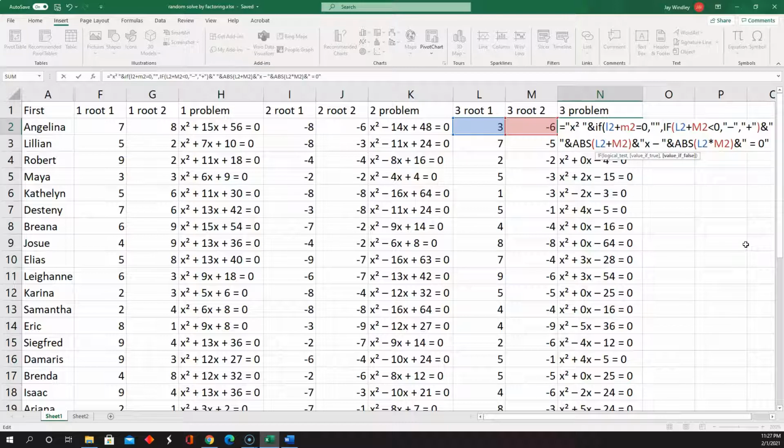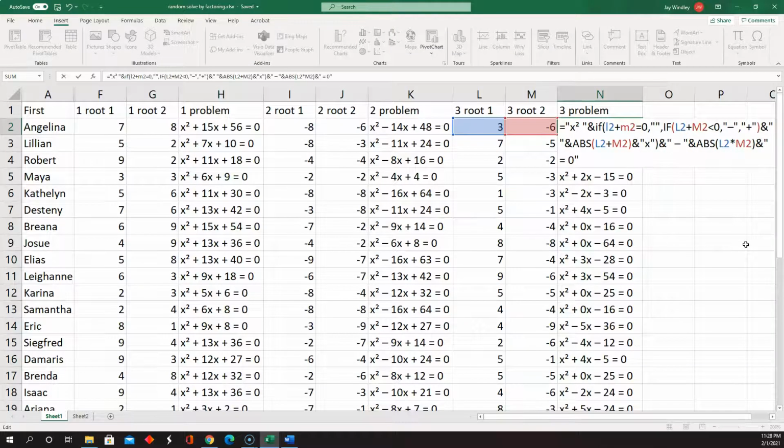Otherwise, we will do this whole other if statement that chooses between the plus sign and the minus sign, and does the space, and does the absolute value of the sum, and does the x. So all of that up to the x, close that, close parentheses, ampersand, and quote.